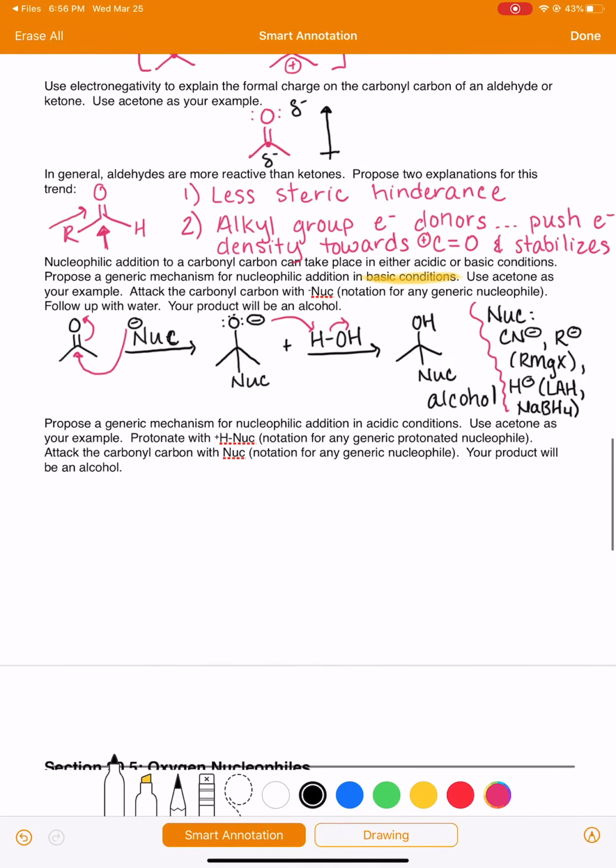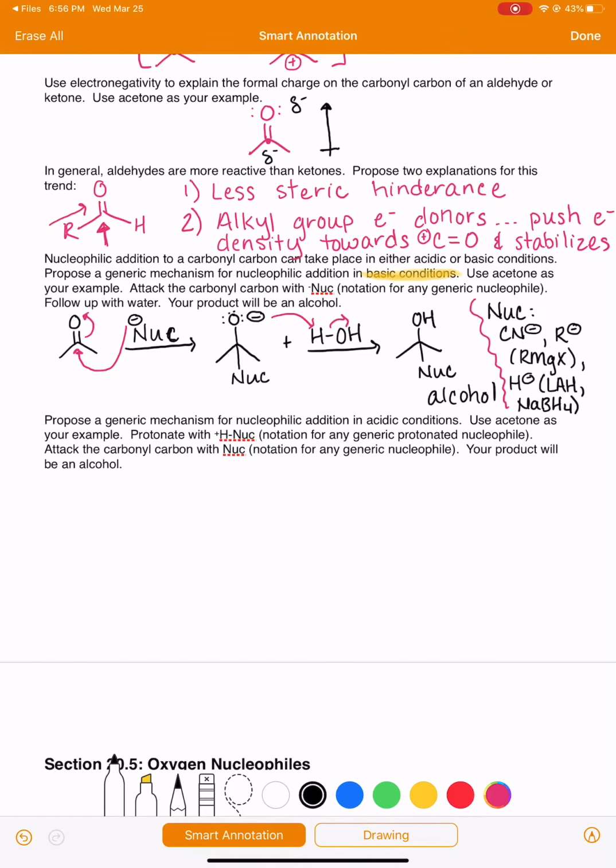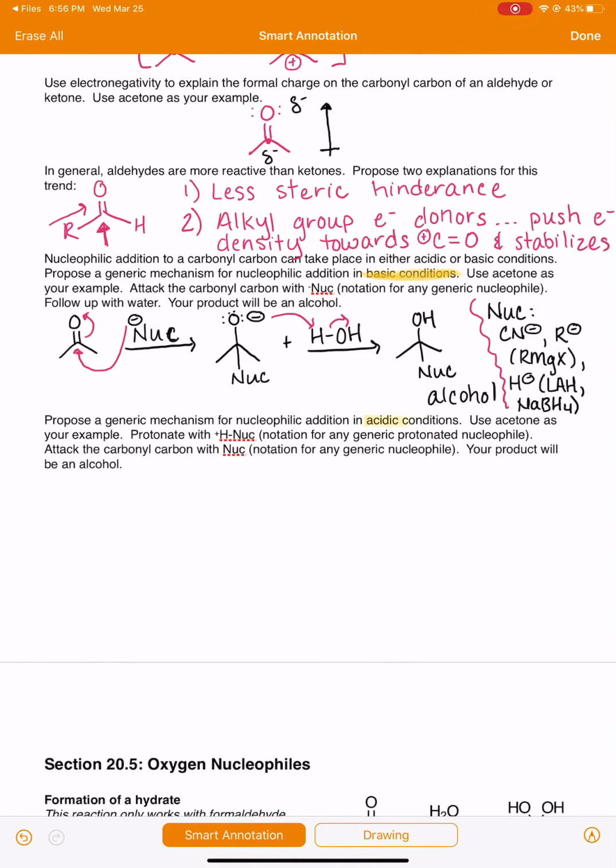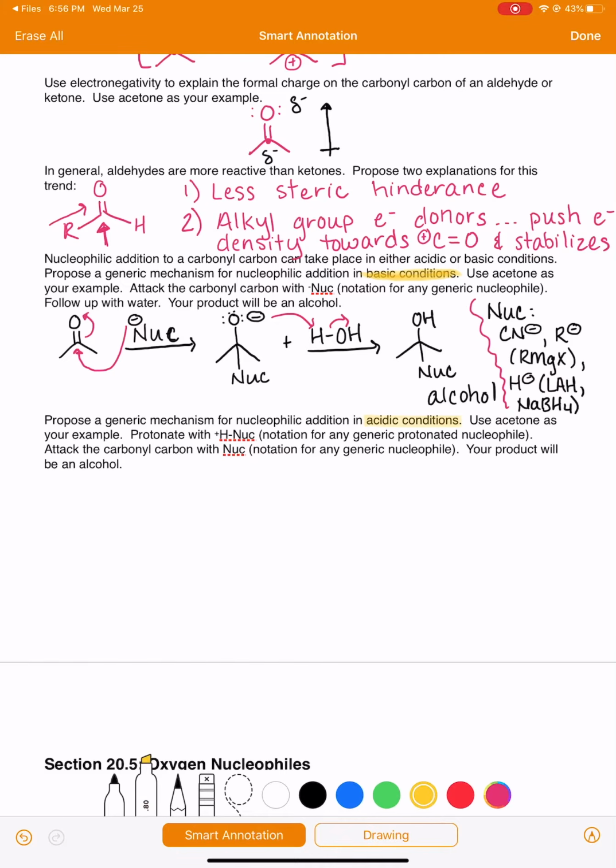So now let's look at the acidic condition reaction. The mechanism for acidic reactions is usually a little bit trickier, and this is no exception. So here is going to be our generic acidic reaction. And for this, again, we're using acetone as our carbonyl compound. And this time, because we're in acidic conditions, we're not going to be attacking with Nuc-.